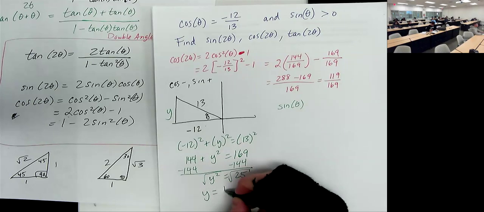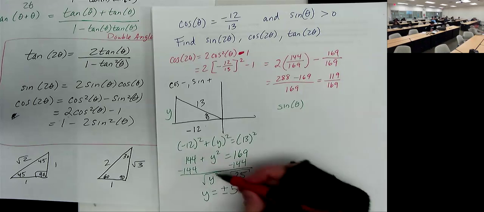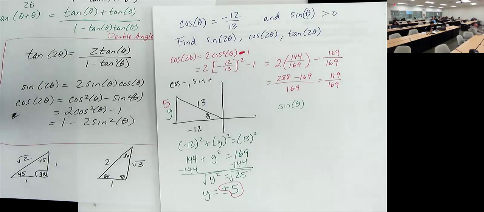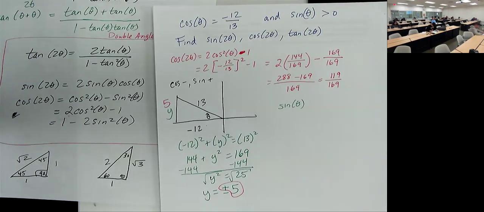When we normally take the square root, we get plus or minus. In this case, which one is it? It's the positive one. If we were in quadrant 3 or quadrant 4 down below, we would use the negative one. So keep in mind, don't just automatically assume that you're gonna use the positive one. It's quadrant dependent.